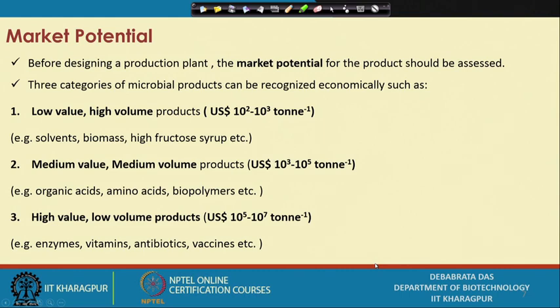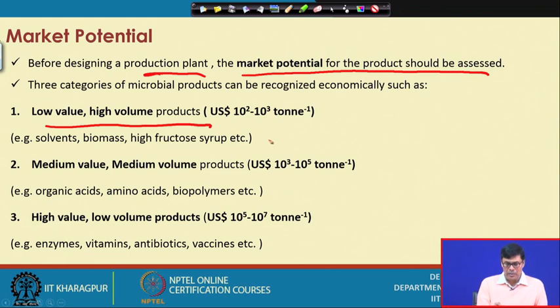The market potential is very important. Before designing the production plant, the market potential of the product should be assessed, because this is very important. Of the three categories of products we discussed at the beginning: the low value, high volume products, where the cost of the product is 1,000 to 10,000 US dollars per ton, include solvents, biomass, and high fructose corn syrup.